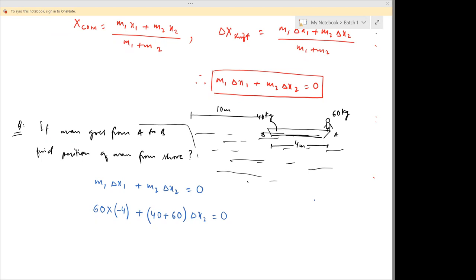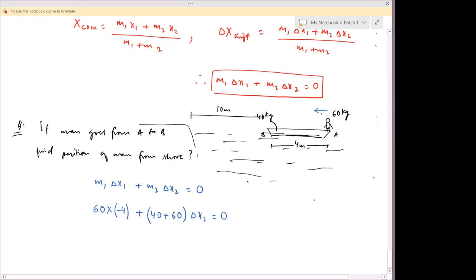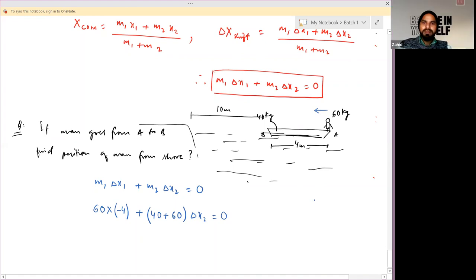Sir, can you explain m1 once more? I'm still not getting it quite. Okay. Suppose the man moves from his own position, let's say A, towards B. Is there any other mass affected while the man goes from A to B?